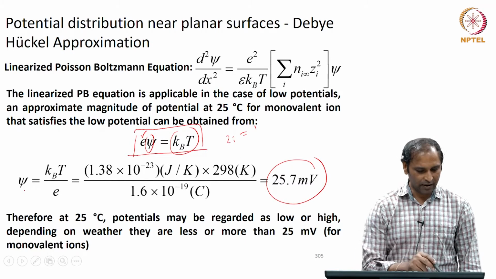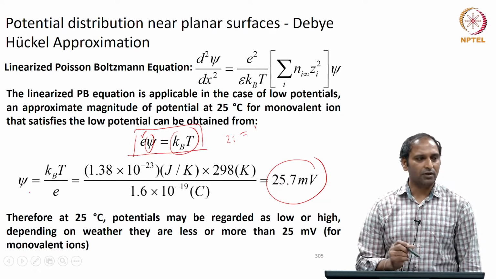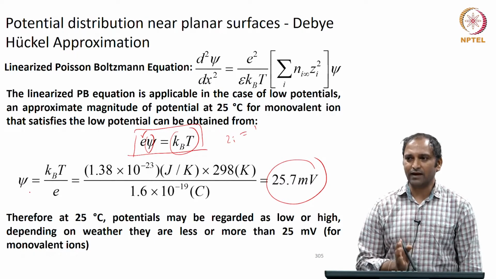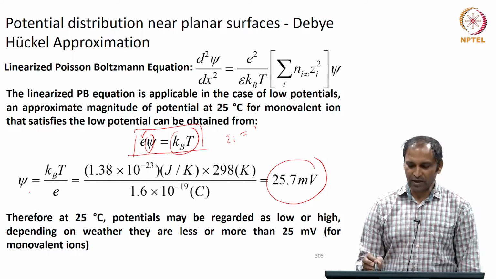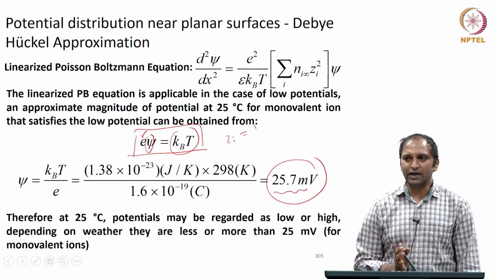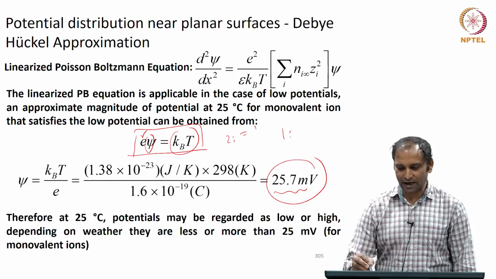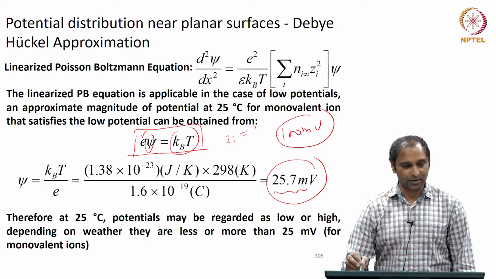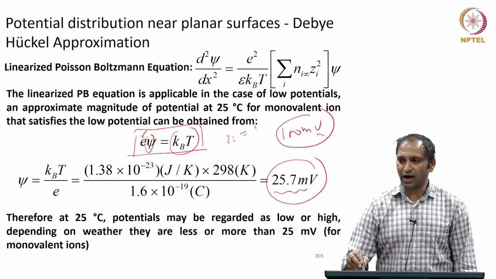This is a limiting potential below which I can say that the potentials are low. Typically, with a potential like this, the particles are reasonably less charged, compared to cases with, say, 100 millivolts as a surface potential or zeta potential, which would be really highly charged.